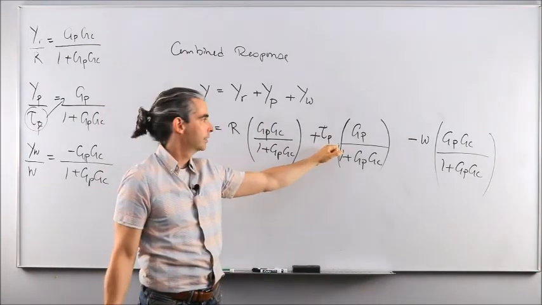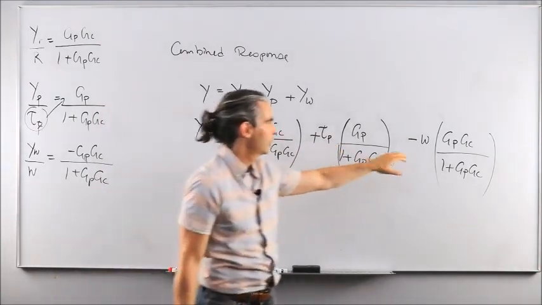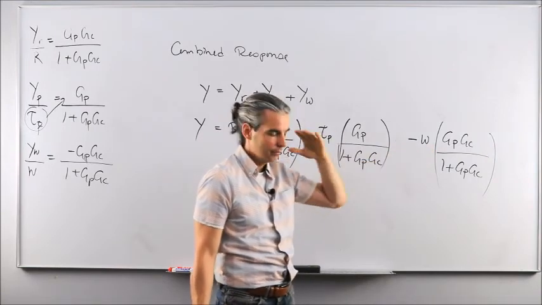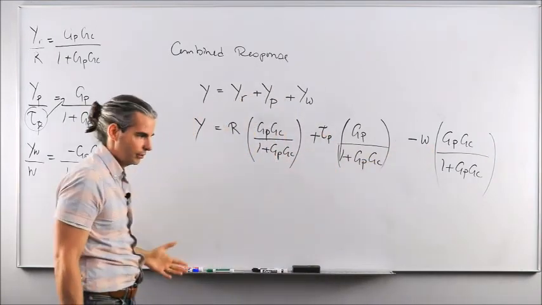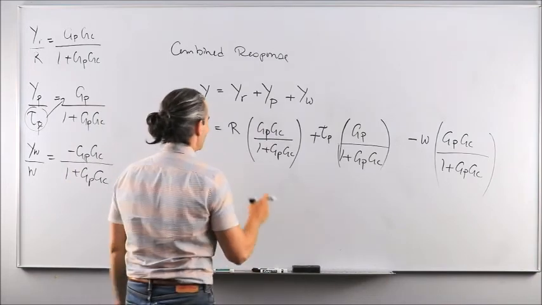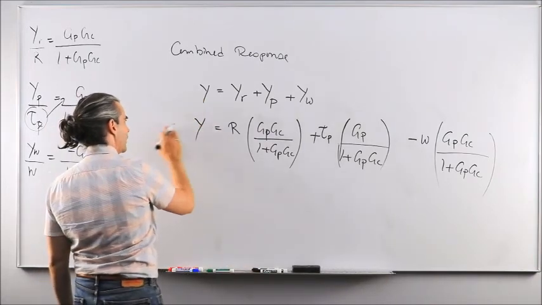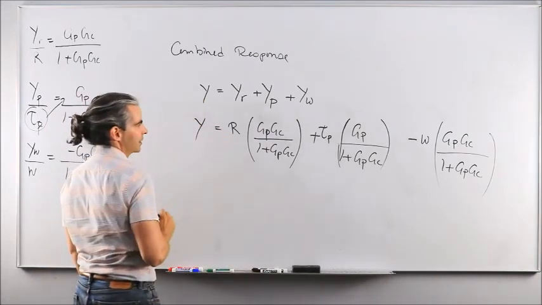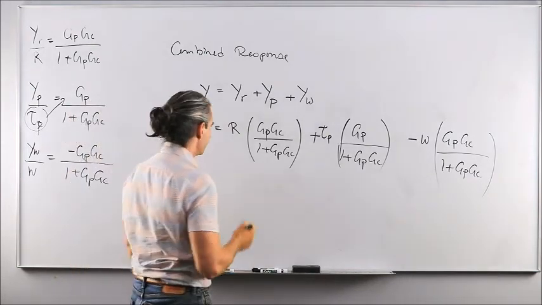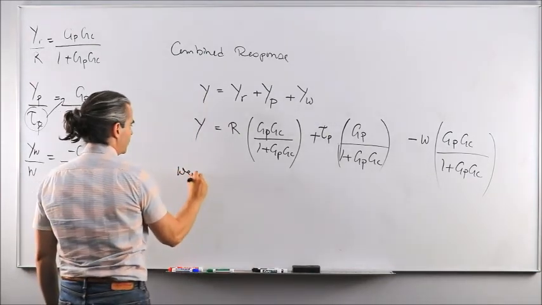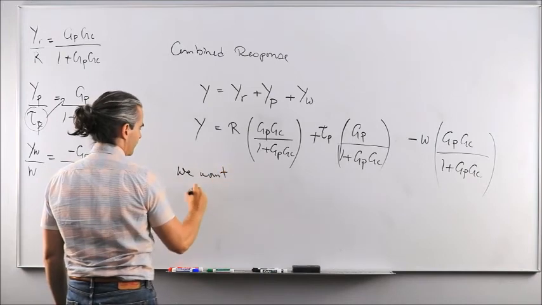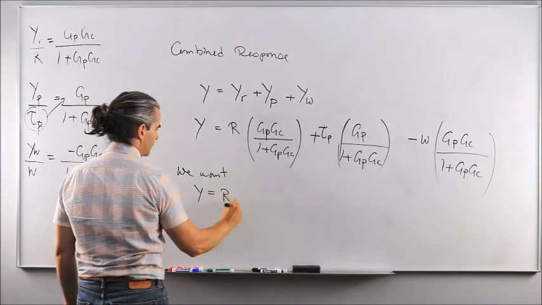That would just be silly. Or our output to follow the noise of the sensor. That'd be just not right. So what you want is to have the output of the plant follow the reference signal as provided by the user. Okay? And let's say we want this to be equal to that.